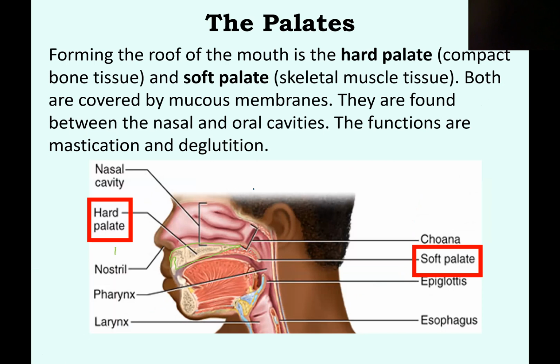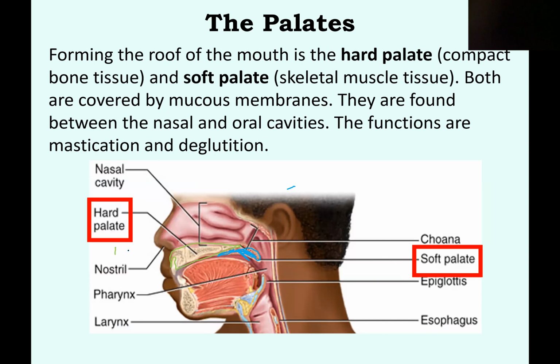The soft palate is the skeletal muscle covered by mucous membranes. They separate the oral and nasal cavities. So in the mouth, the palates are involved in mastication and deglutition.